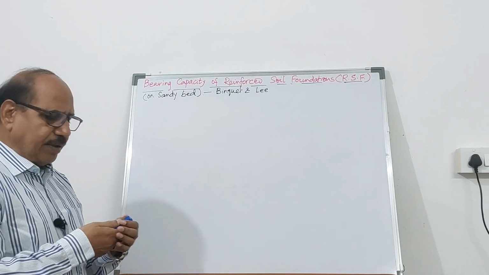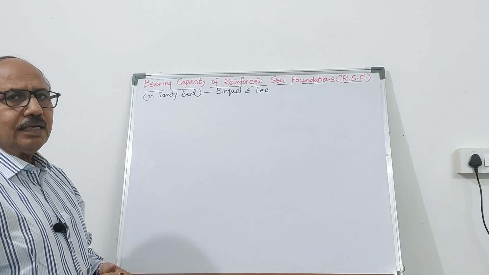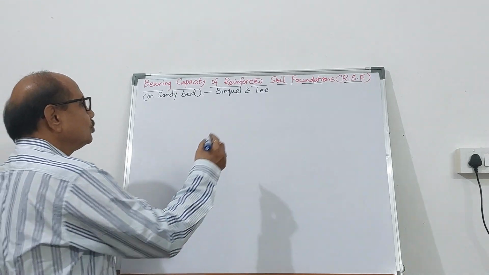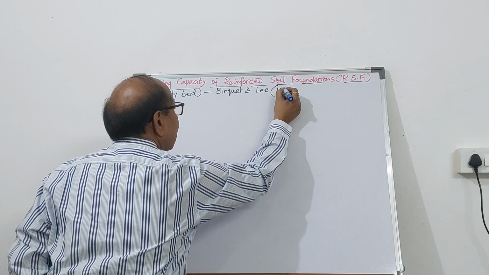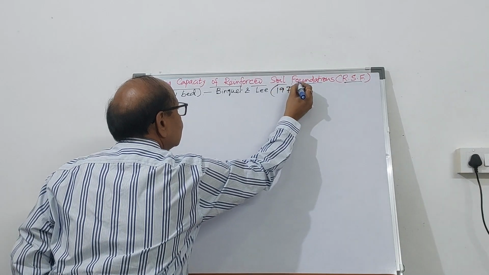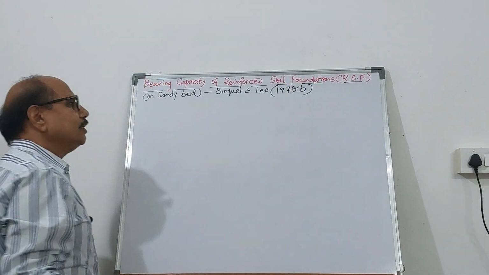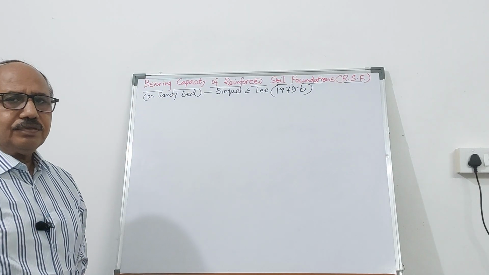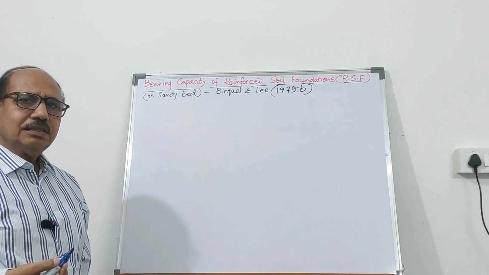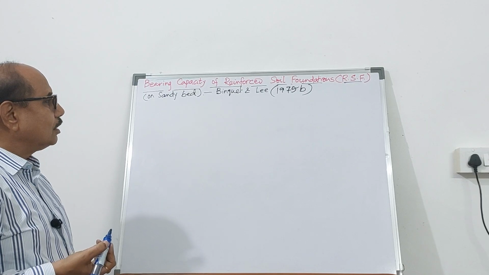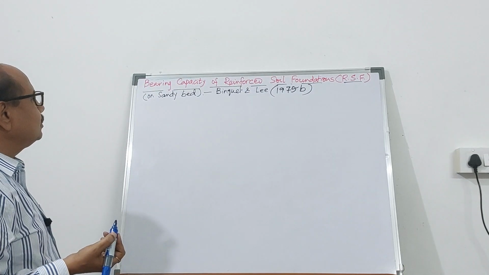His famous research paper in the Journal of Geotechnical Engineering is highly regarded. This is the year in which he gave the first hypothesis, and based on that, he tried to calculate the various important parameters.